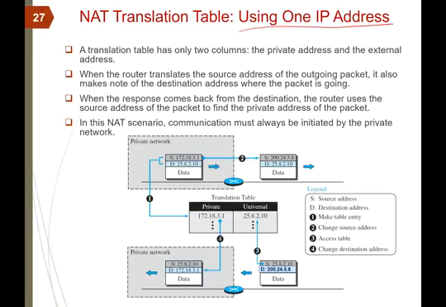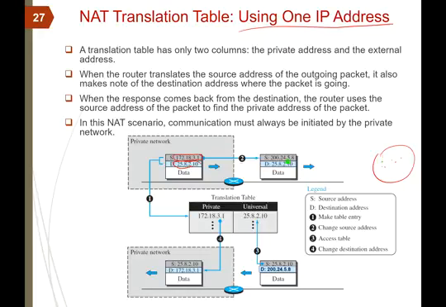So let's say, first, this is the private network source address, which is private, and the destination is a public address on the internet. For example, you're connecting with Google. So this is your IP, and this is the Google IP address.